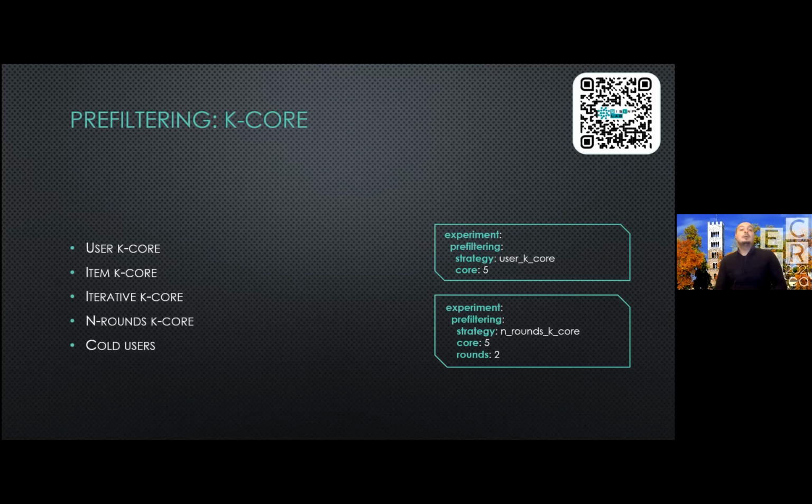But also we can use item k-core in the same way, or iterative k-core, because we want to set a k-core of 5, but we want both users and items to respect this k-core. Or maybe, since the iterative k-core could take a lot of time, we can decide a certain number of rounds of k-core that we want to apply. Or maybe what we want to do is the opposite: keep only the users that are below a certain number of transactions. So we want to keep only the cold users, and we can do it, obviously.